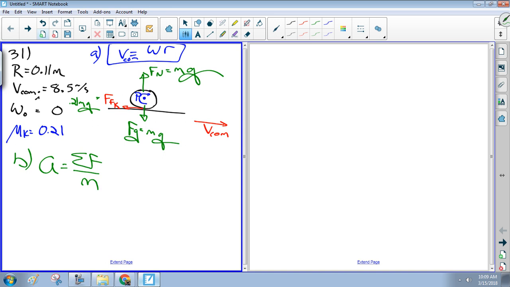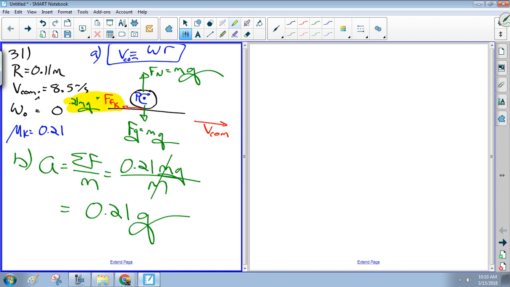My net force is just the force of friction, right? So that's 0.21 mg over m. The m's cancel out, and you get 0.21 g, with one tiny little mistake that I overlooked. Negative acceleration. Remember, g is understood to be positive 9.8. Our acceleration is negative. All right? Cool?